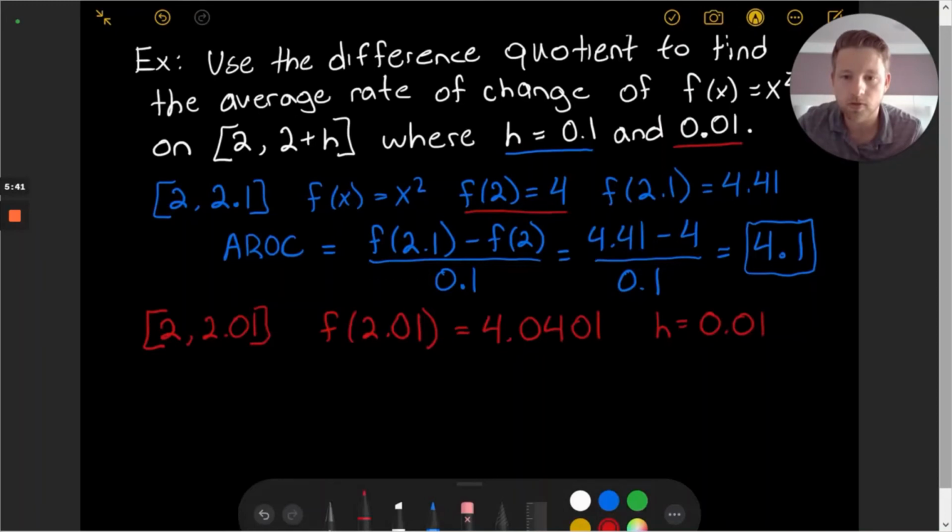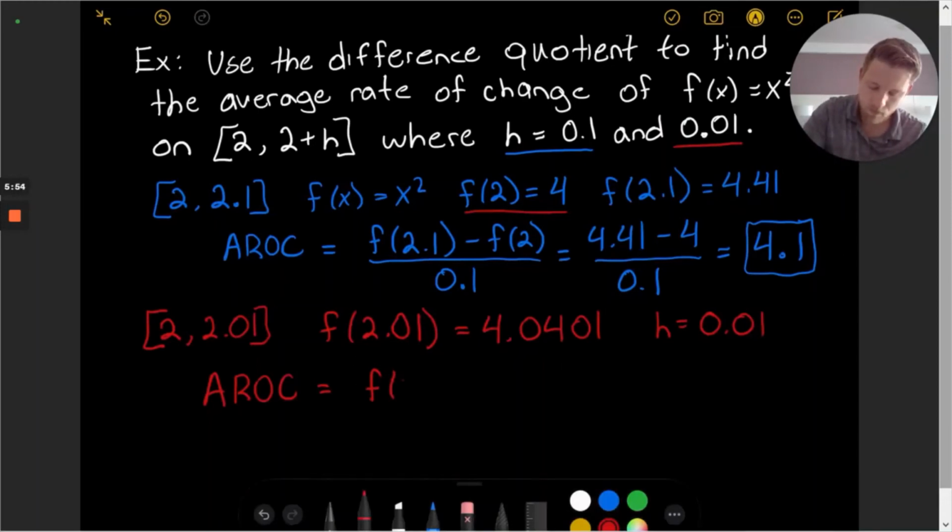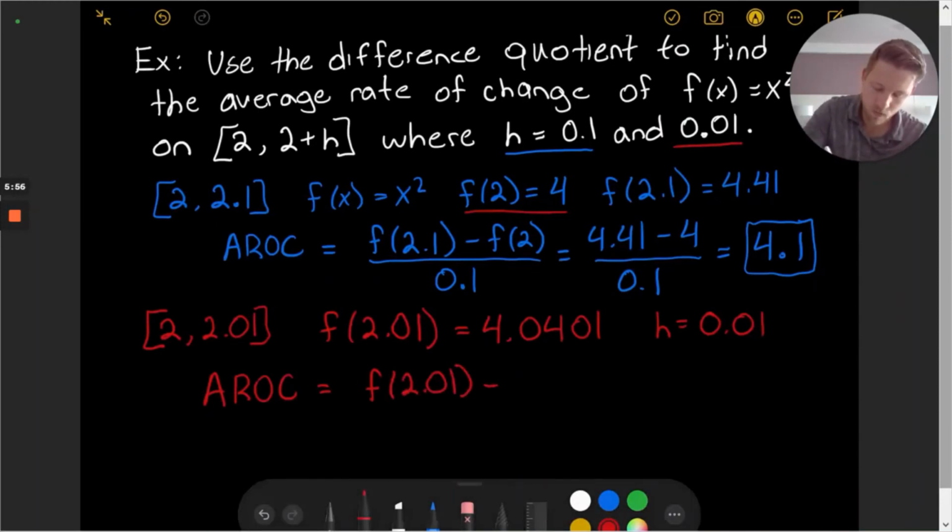So again, let's follow this equation through. We'll have the average rate of change of our function from f of 2.01 minus f of 2 divided by, here, h, which is going to be 0.01.